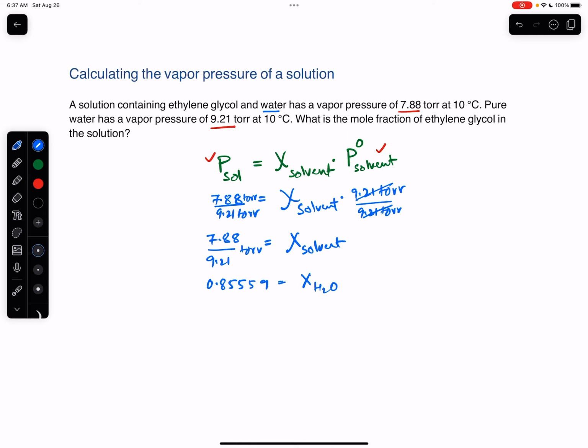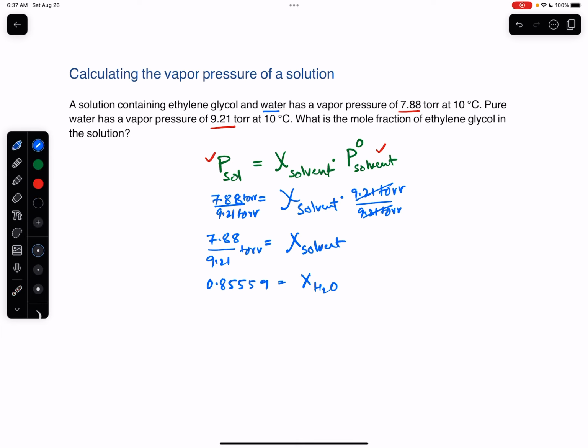Now the thing about mole fractions is it's a fraction, which means it has to add up to 1. So if it's a two-component solution made up of the solute, ethylene glycol, and water, and we know the mole fraction of one of them, then the mole fraction of the other has got to be 1 minus the mole fraction of what we know.